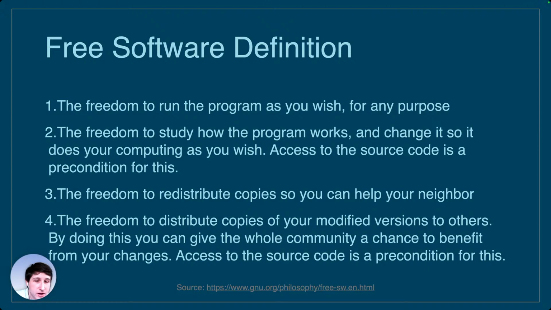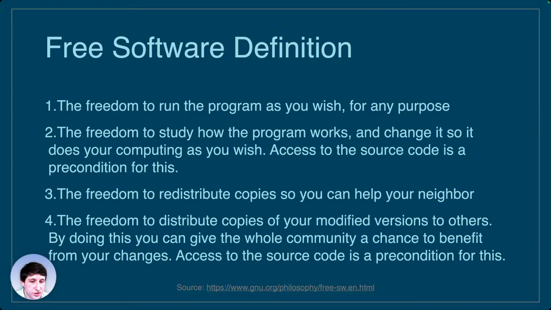And the idea here is not only can I give a copy of the original that I received to somebody else, but any changes that I made, I can also give copies of those changes to other people. So if a license follows all four of these freedoms, then it would be considered a free software license.